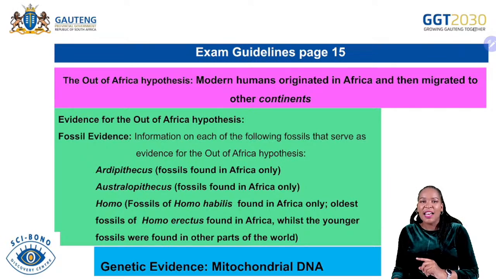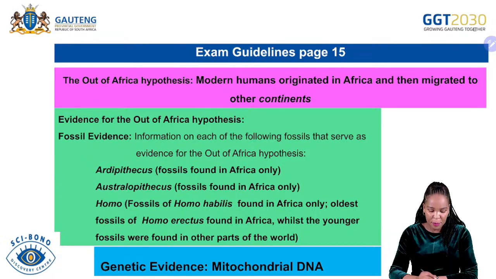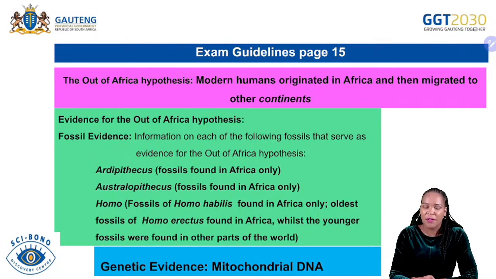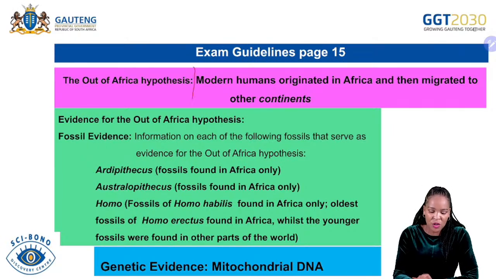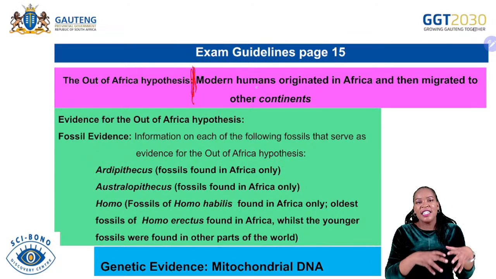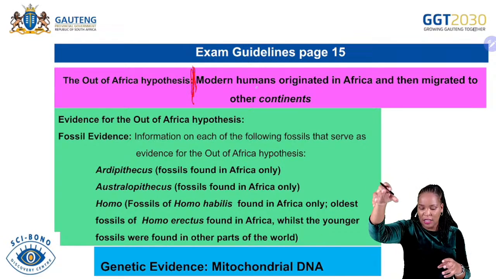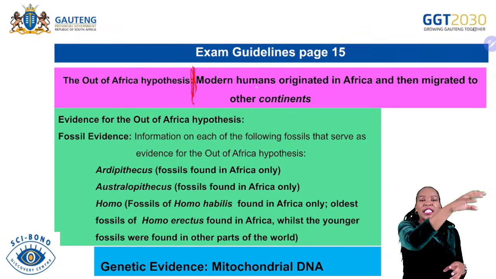So your exam guideline on page 15 tells you exactly what you need to study when it comes to the out of Africa hypothesis. So what does it say? What is the out of Africa hypothesis? The way in which you say it is very important. The out of Africa says modern humans originated in Africa, and then they migrated to other continents.